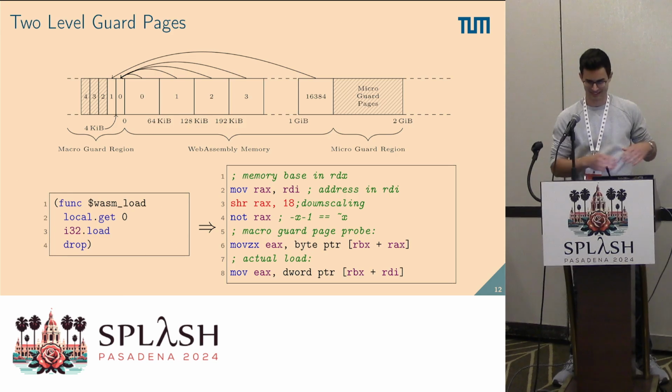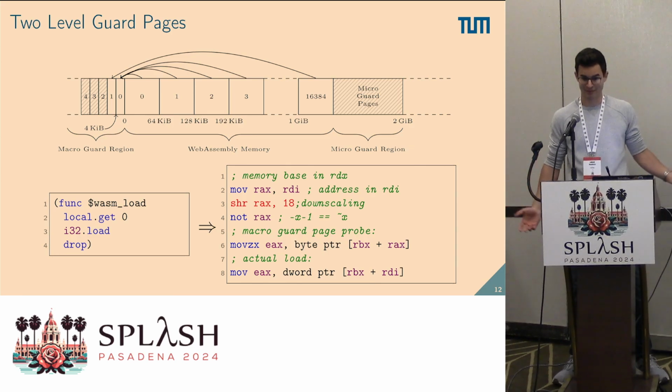But now we can't just increase our microguard region to the size of our memory, because then our virtual memory on the host machine is just too small for that. So we basically compress chunks of memory down and map them to one macroguard page in the macroguard region. Here you can see, for example, we always take a 2 gigabyte chunk of memory and map it to one microguard page in the microguard region.